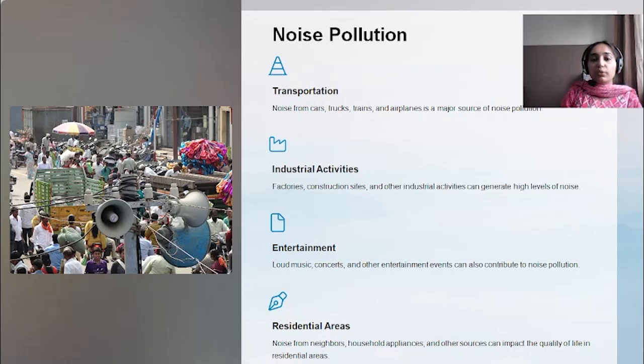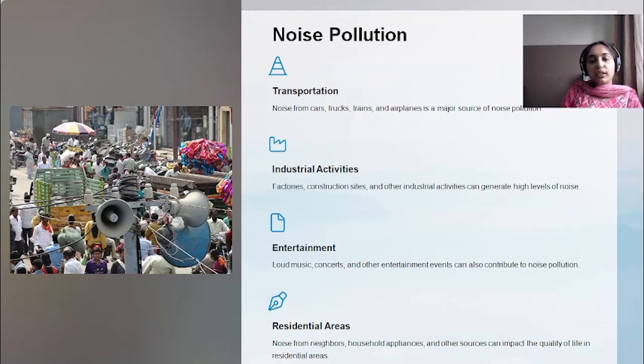The sound will not be bearable and causes a huge loss to humans. In the same way, when any city is hosting a concert, lots of speakers are there, and the sounds coming out of those speakers are very dangerous, very harmful for society, for humans, and for small creatures as well. So entertainment is also a big cause of noise pollution.